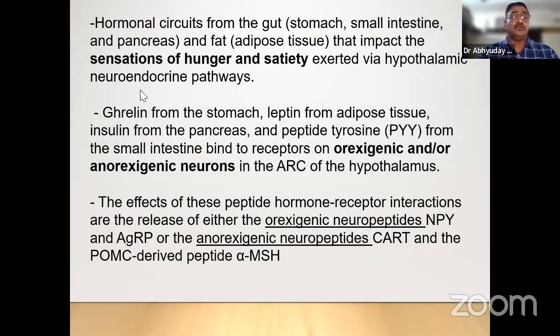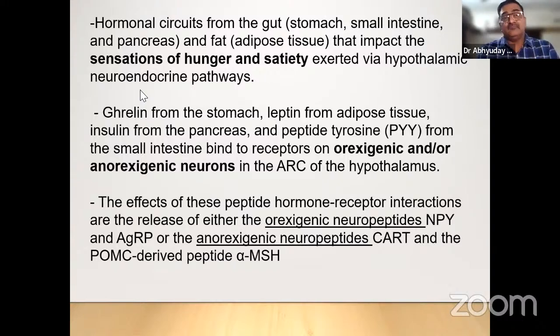And this is in short, I won't go into detail. We have hormonal circuits from the gut, especially the stomach, the small intestine, and pancreas. And obviously, as I said, the topic of today, the adipose tissue or fat, which impact the sensations of hunger and satiety exerted via hypothalamic neuroendocrine pathways. That's why my first slide was basically to understand the hypothalamus.